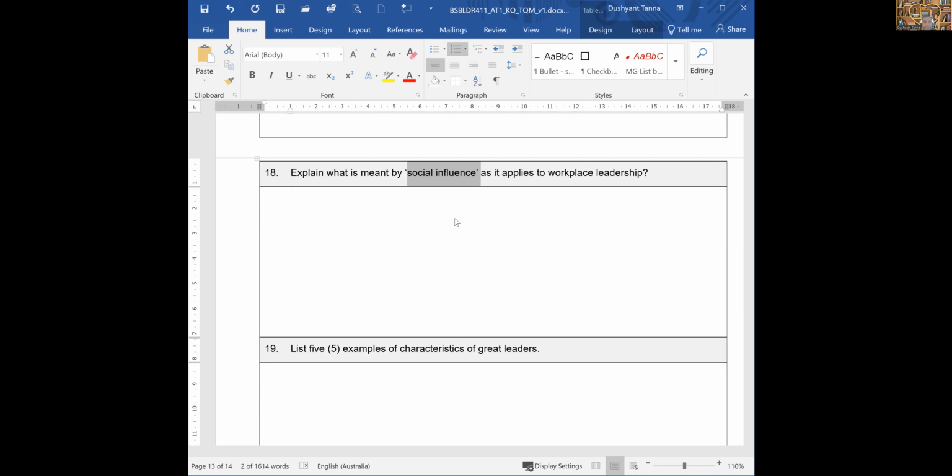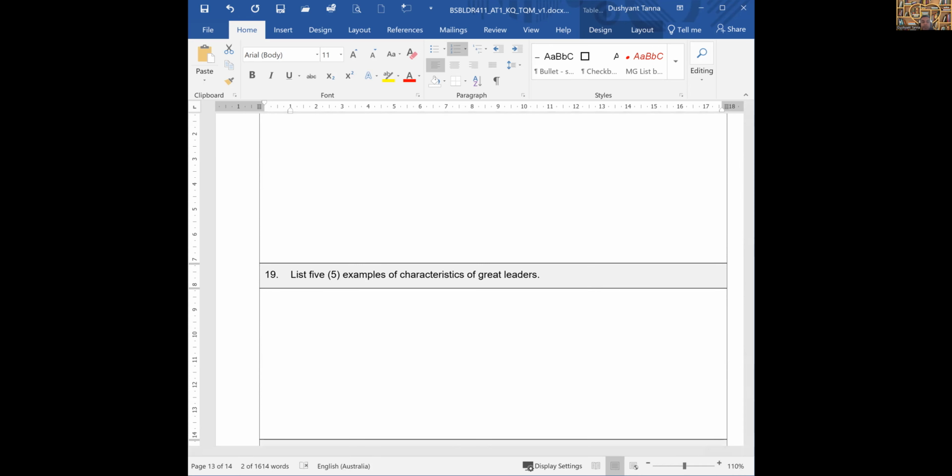So that's called social influence. So consciously or unconsciously, a leader or manager has a greater social influence, which is passed on to the workplace colleagues, of their vision, of their mission, of whatever values they follow within the organization's boundary.